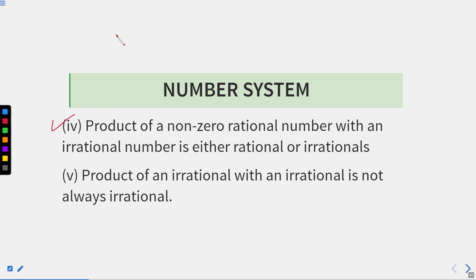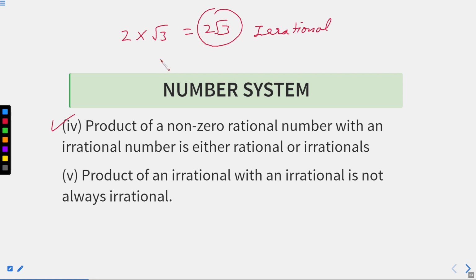Taking any non-zero rational number, let's say 2, and multiplying with an irrational number, say root 3, we get our answer as 2 root 3, which is an irrational number.